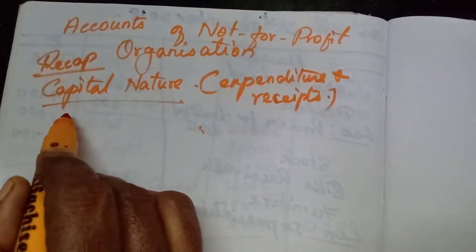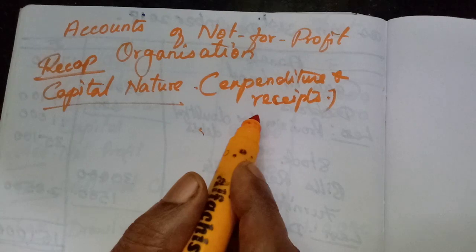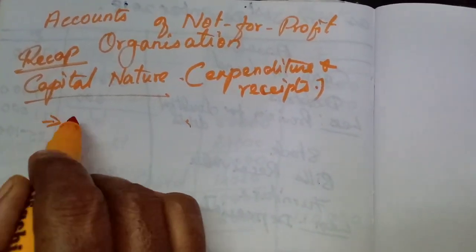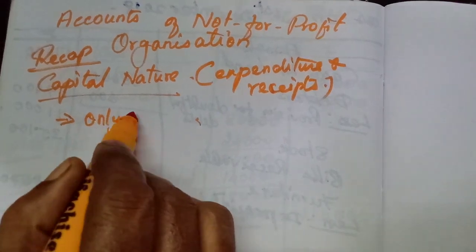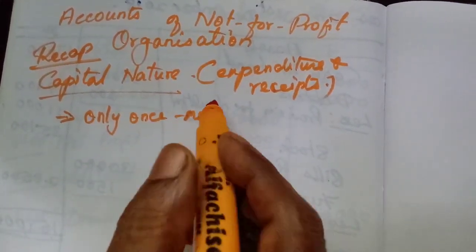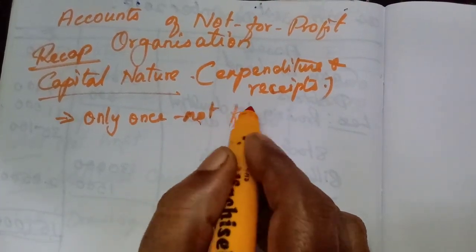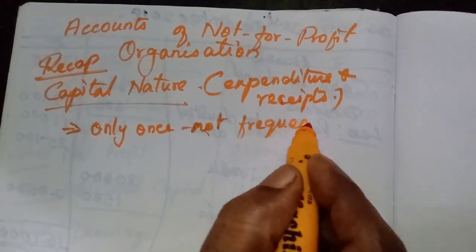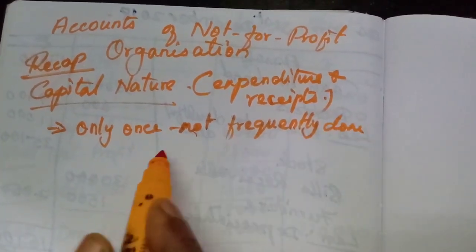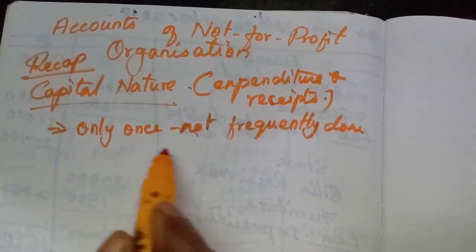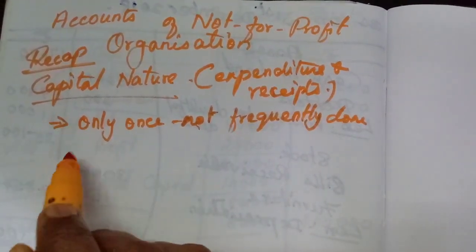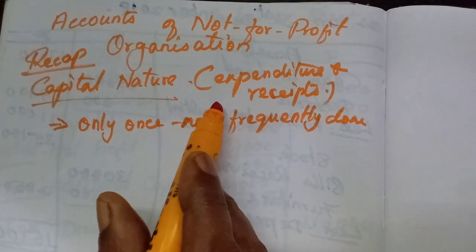So we call a particular expenditure or receipt of capital nature when it occurs only once, that means not a frequent transaction. Very rarely will that particular transaction happen; that is of capital nature. Either it may be expenditure.